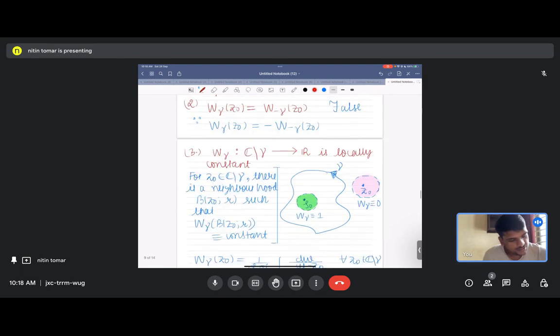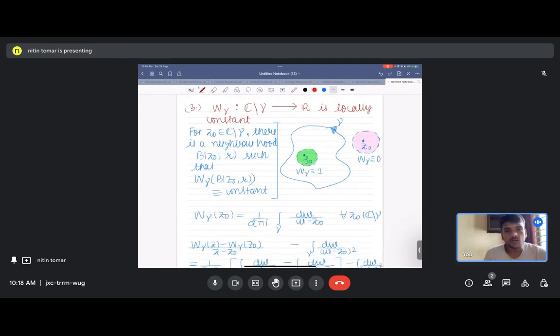Now the third option is that the winding number is locally constant on the domain C minus gamma, and that is true. If you take some point z0 here, you can always find a neighborhood disjoint from gamma, and in this neighborhood the winding number takes value 0.